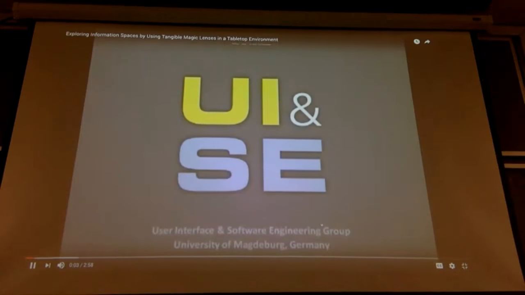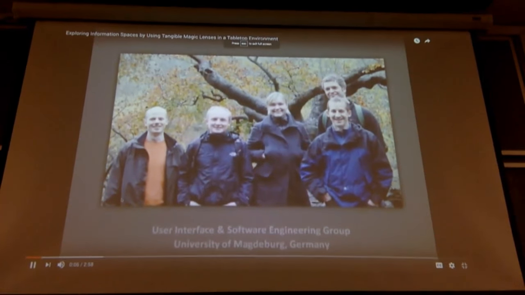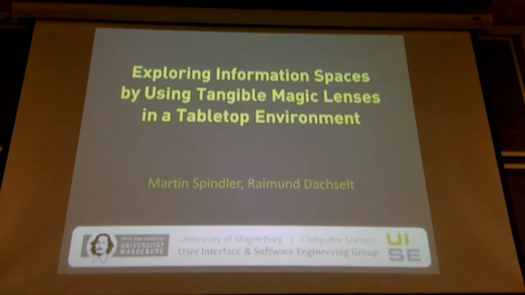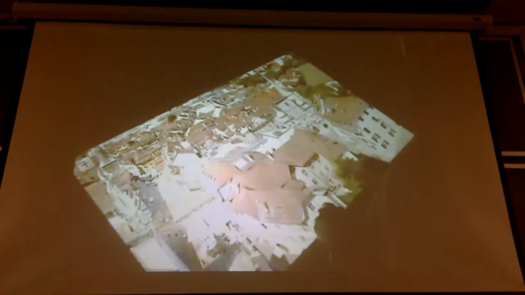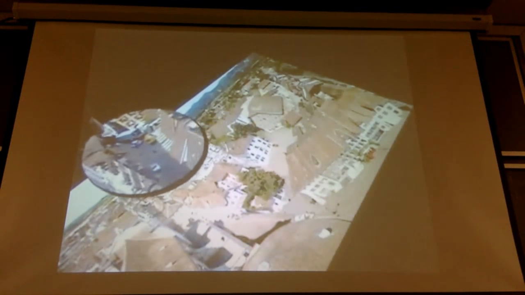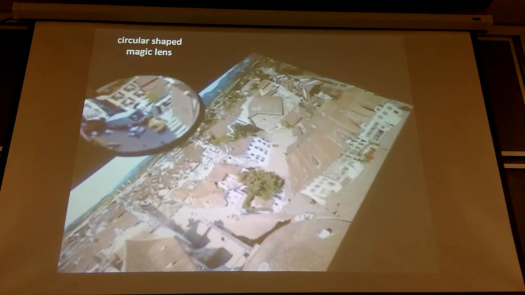The user interface and software engineering group at the University of Magdeburg, Germany, is demonstrating a set of novel navigation techniques for exploring information spaces by using tangible magic lenses in a tabletop environment. Up to now, tabletop interactions are limited to the two-dimensional surface. In this example, users can zoom and pan through large pictures by performing multi-touch gestures on the table surface. In the following, we show how this task can be accomplished in a more natural way. For this purpose, we developed a paper-based mobile display that users can freely move through the physical space above the tabletop.